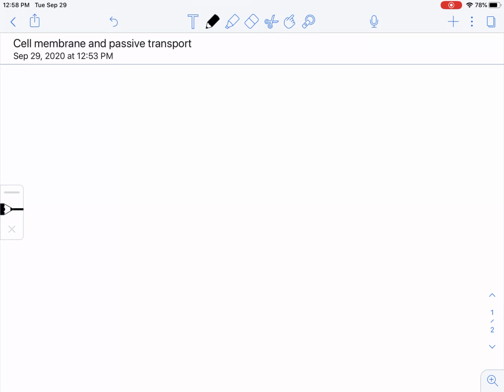The first thing is the idea that when you're talking about molecules moving into and out of a cell, molecules are going to move based on something called concentration.